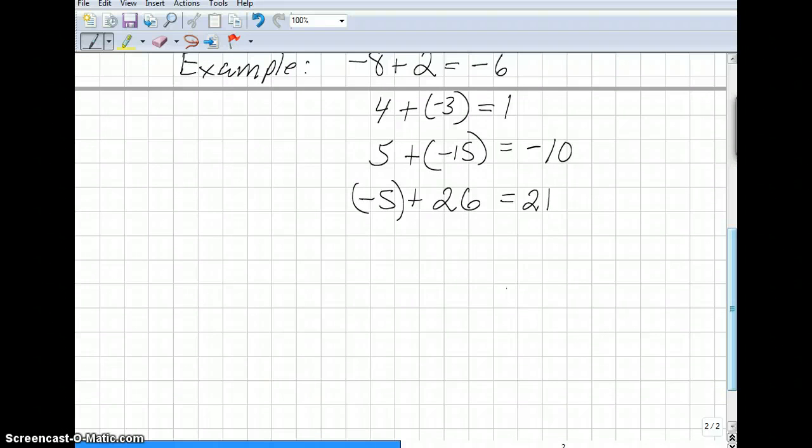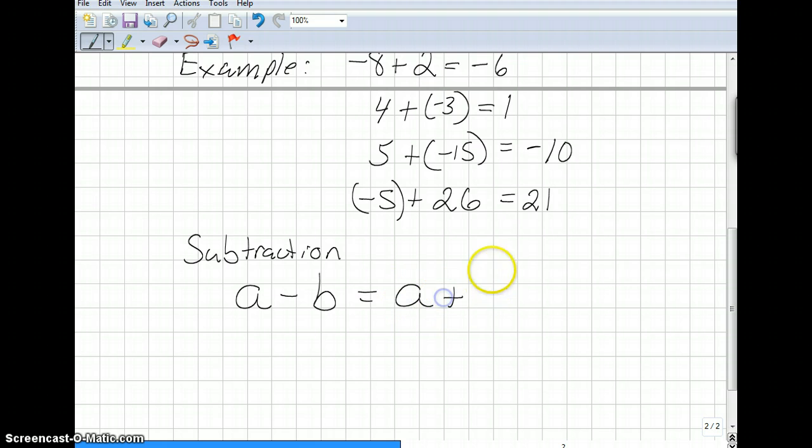Now, the rules for subtraction are really just the rules for addition because of the following. The fact that A minus B can always be rewritten as an addition problem in the form A plus negative B. So for instance, if I have 7 minus 5, that's the same thing as 7 plus a negative 5.